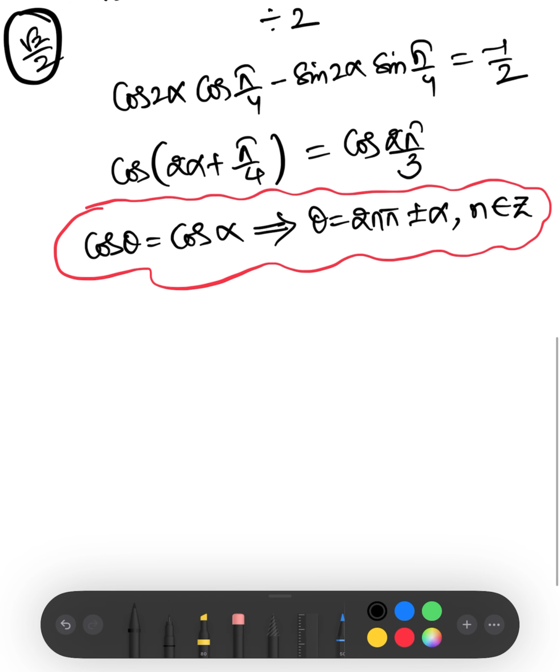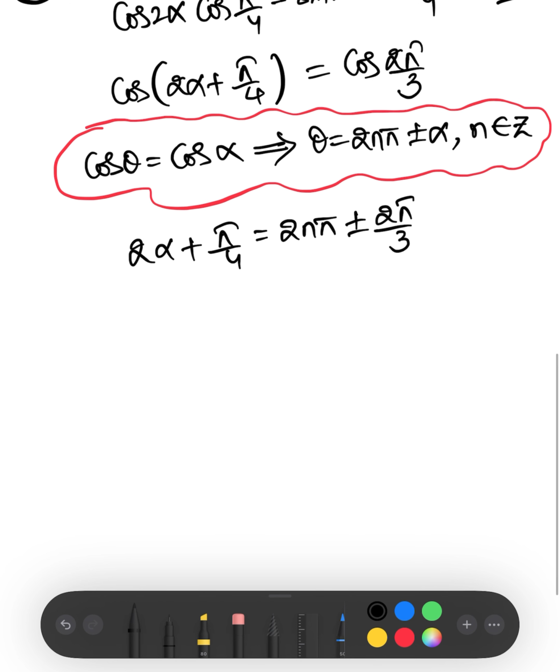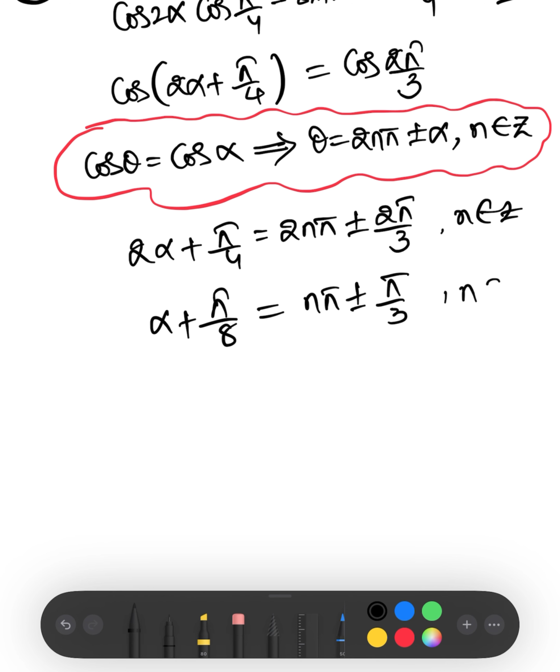Next, in place of theta we have 2 alpha plus pi by 4, that is equal to 2n pi plus or minus 2 pi by 3. I can divide by 2 on both sides, so that it is alpha plus pi by 8 equal to n pi plus or minus pi by 3, where n belongs to Z.